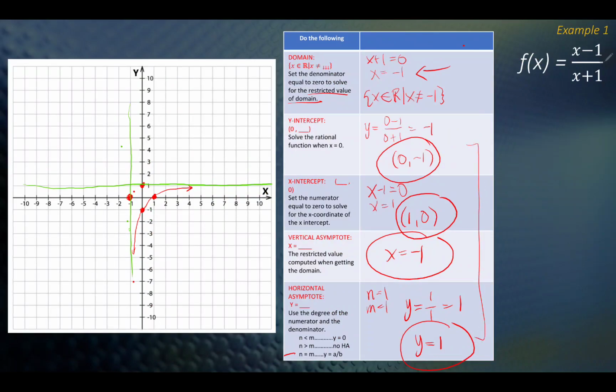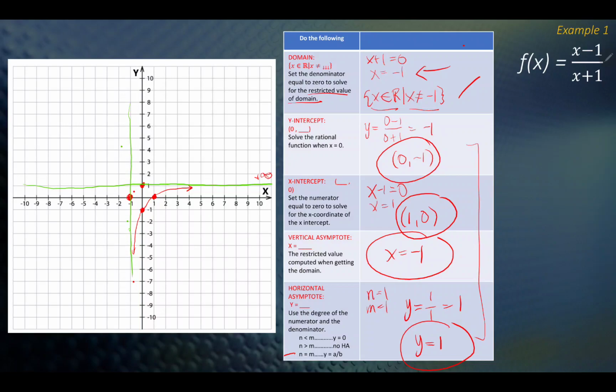The purpose of the domain is to check whether we are showing the domain on the graph after plotting the intercepts and the asymptotes. It says here that the domain is the set of all real numbers except negative 1. If you see, our graph is extending to positive infinity, but we don't have a graph showing negative infinity.